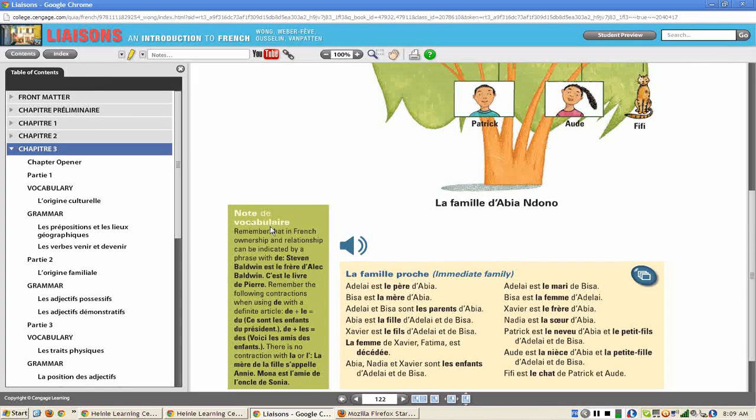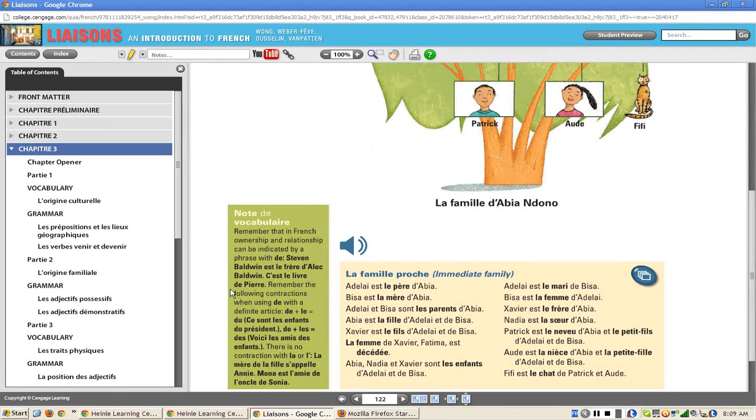They give you a little notes de vocabulaire here, reminding you, though, it's not just de and d apostrophe. Sometimes, when you have de plus le, it becomes du. For example, le président. In the title, president, it's always le président. So if you said, voilà, ce sont les enfants du président.